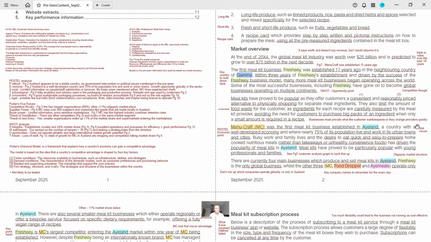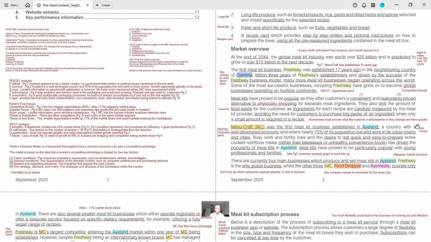Now, from going through the pre-seen notes, in terms of areas which are a bit weak or they don't have much information, I would say the political and social points are very limited, whereas on the other hand, technological and environmental and legal are much more to go at. There are a lot more points for you to make on there, and you can see the details if you've downloaded a copy of my notes on there.